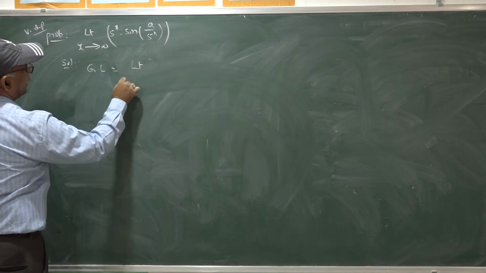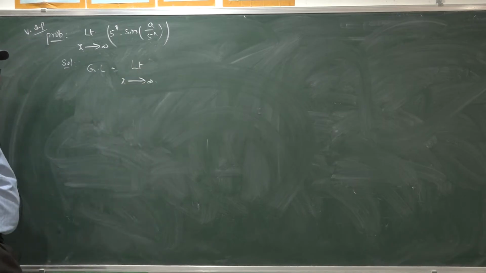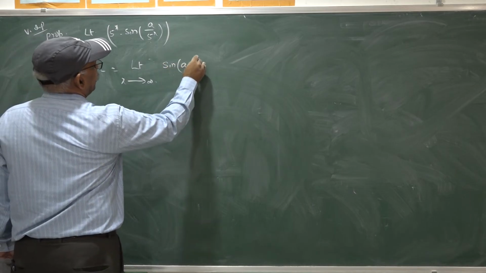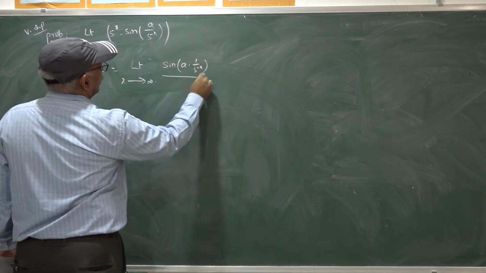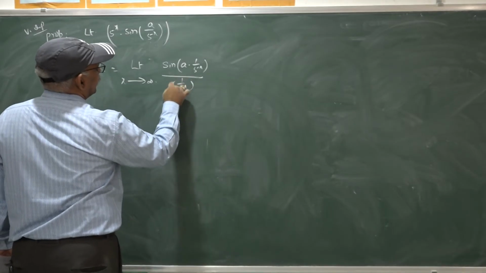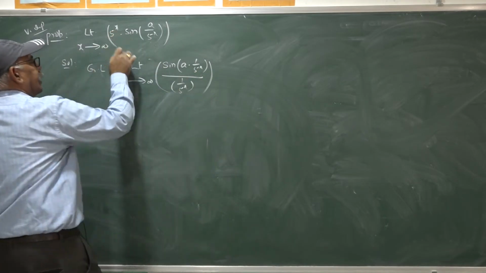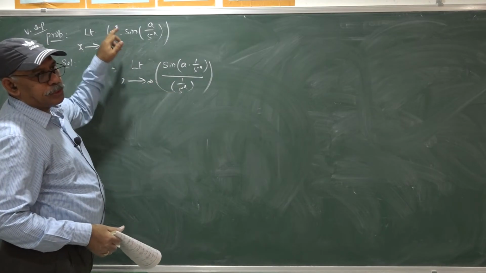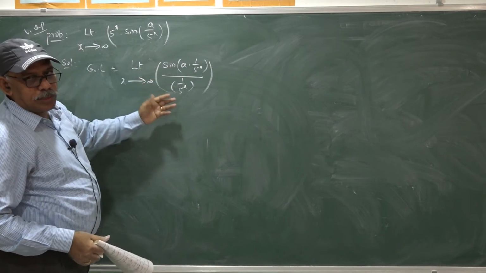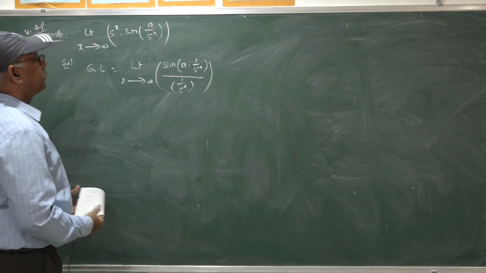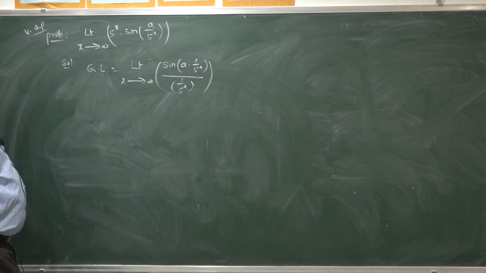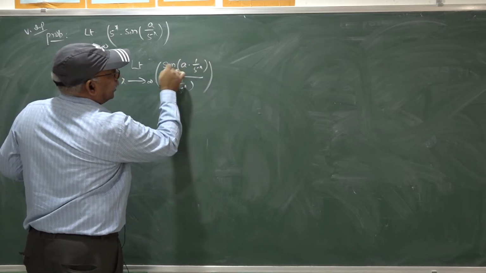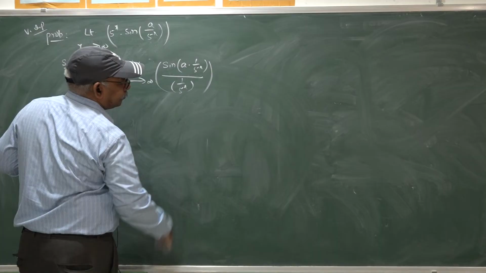I can write this limit as limit x goes to infinity of sine(a times 1/5^x) divided by 1/5^x. I am taking this 5^x to the denominator, and we get 1 by 5^x. Clearly, this is of the form sine(ay) by y.